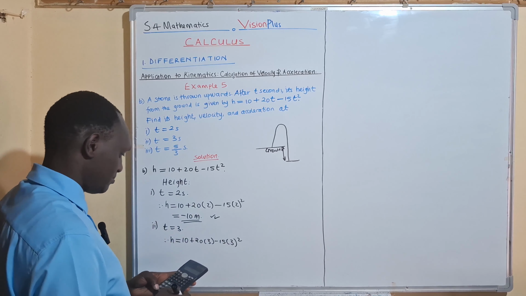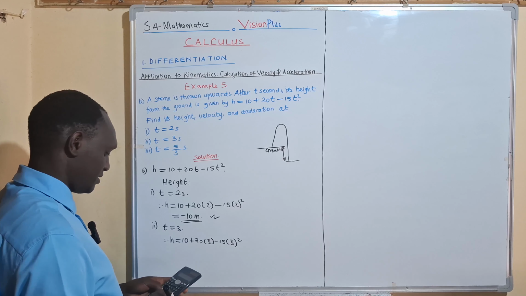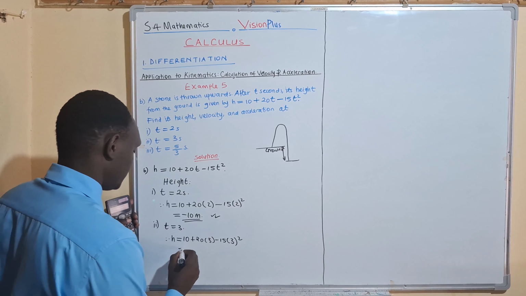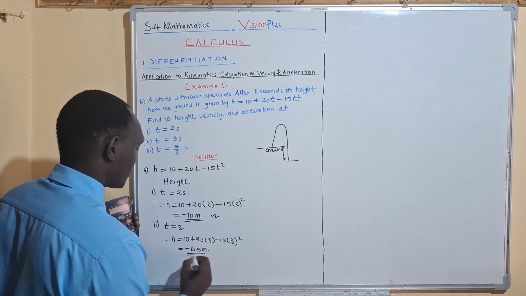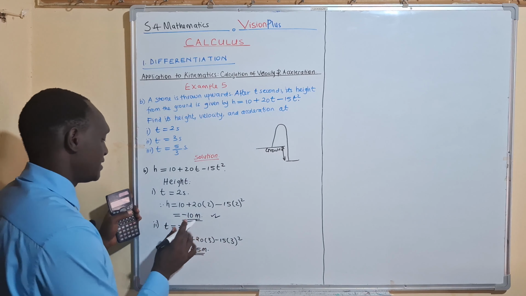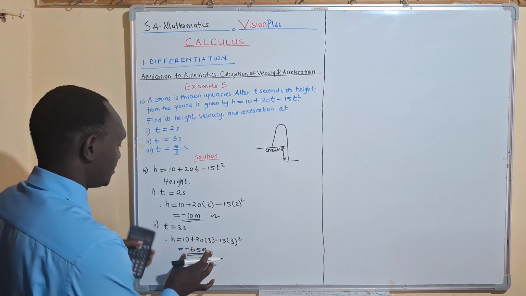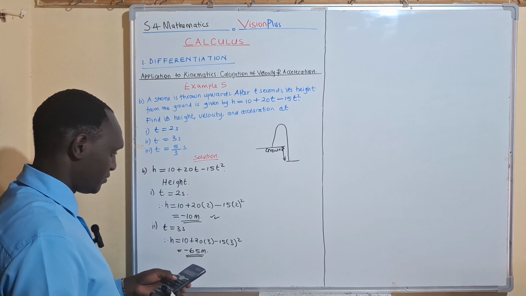So 10 plus 60 minus 15 times 9. Negative 65. Negative 65 meters. So if the time is 3 seconds, then the displacement or the height of the particle is negative 65. Confirm your answer before you leave it.